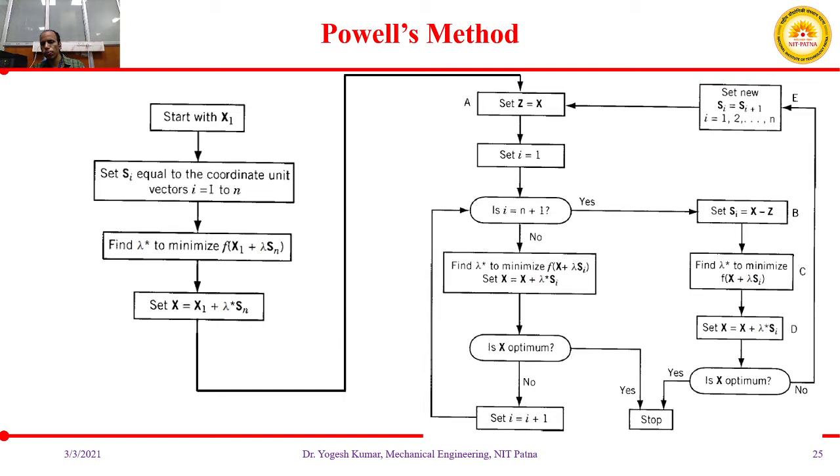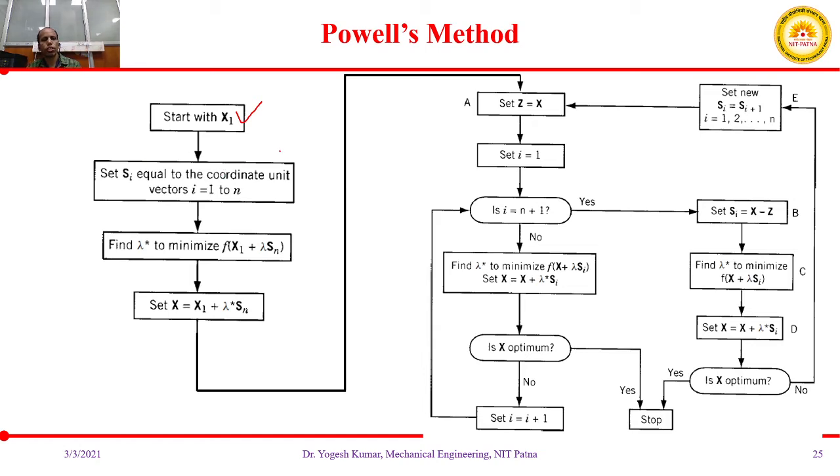Instead of a single variable, we have more than one variable. So we have some starting value, say x1. And then we have some search direction.